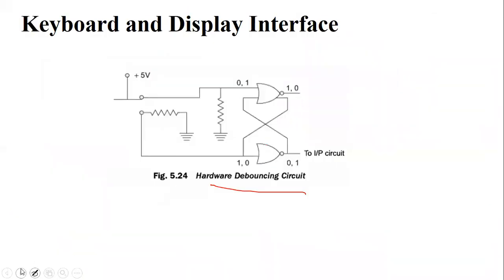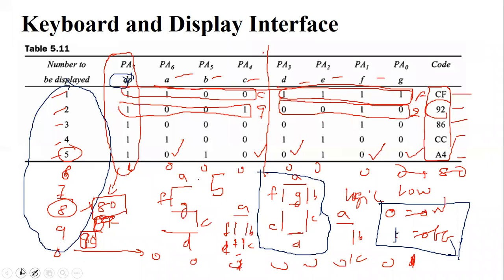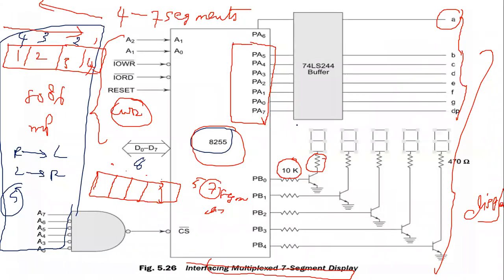Then what is the problem of using this display? There is no functionality in the 8255 PPA to display the numbers from right to left or left to right at the same time for each and every operation.